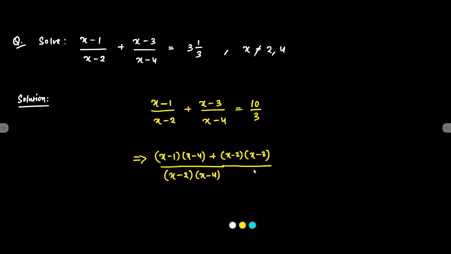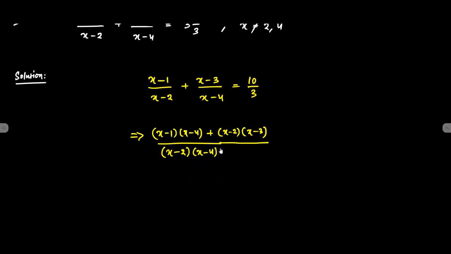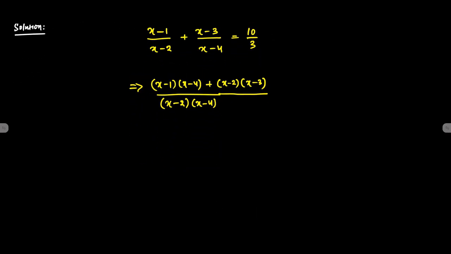Okay, so that implies, so here it is x square minus 4x minus x plus 4, okay, plus x square minus 3x.